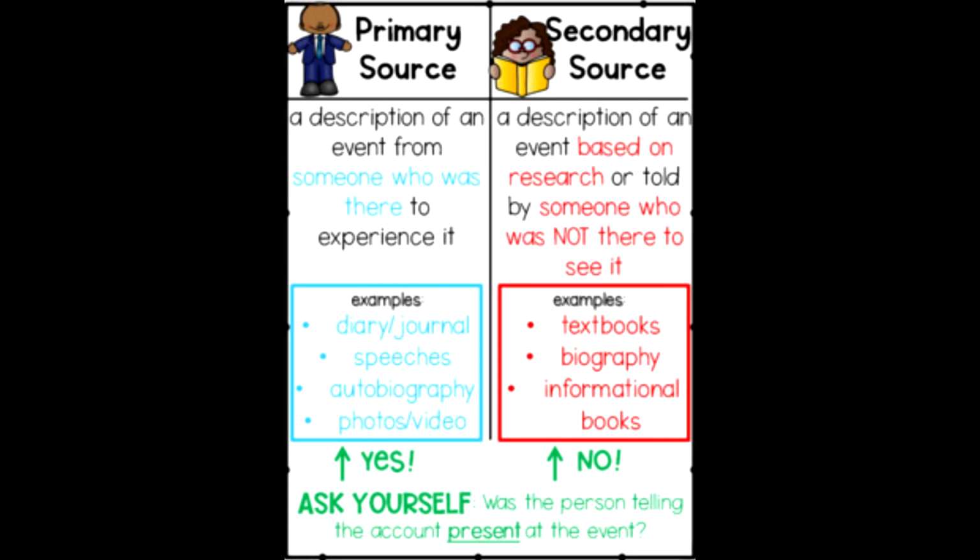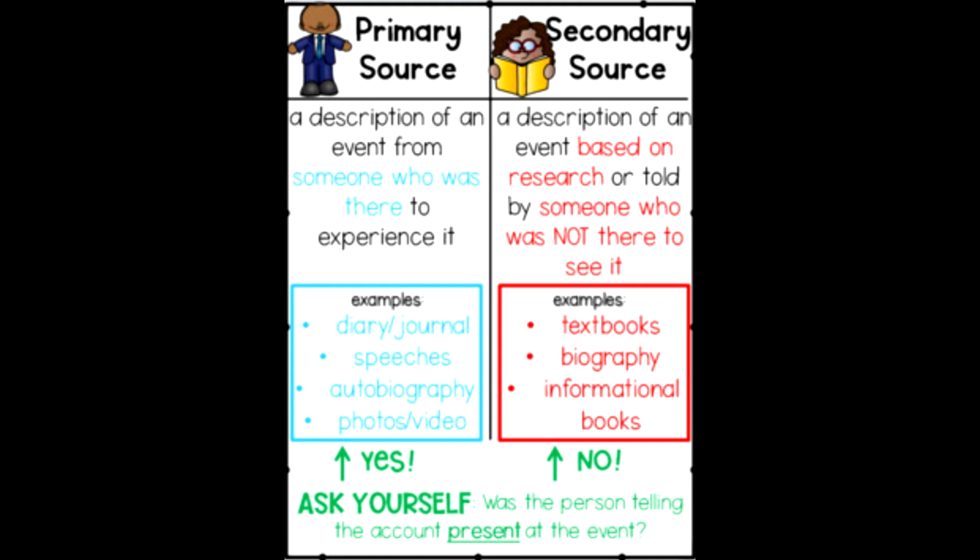Now, guys, we are going to talk about how historians can learn about the past. Talking about history, we have to make a difference between primary sources and secondary sources. Primary sources are a description of an event from someone who was there to talk about it.